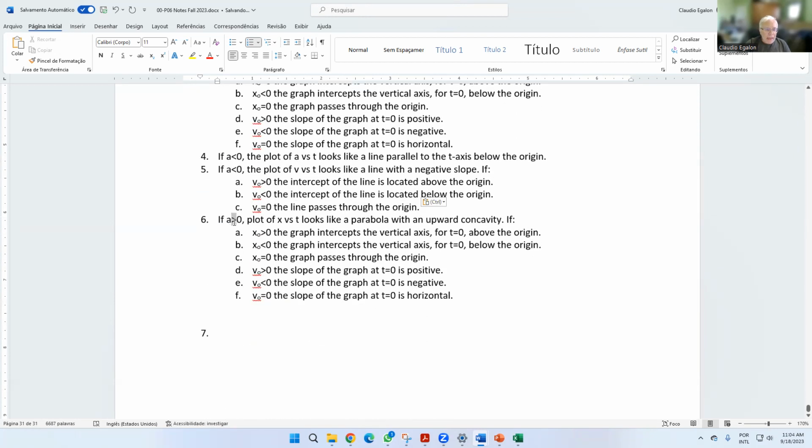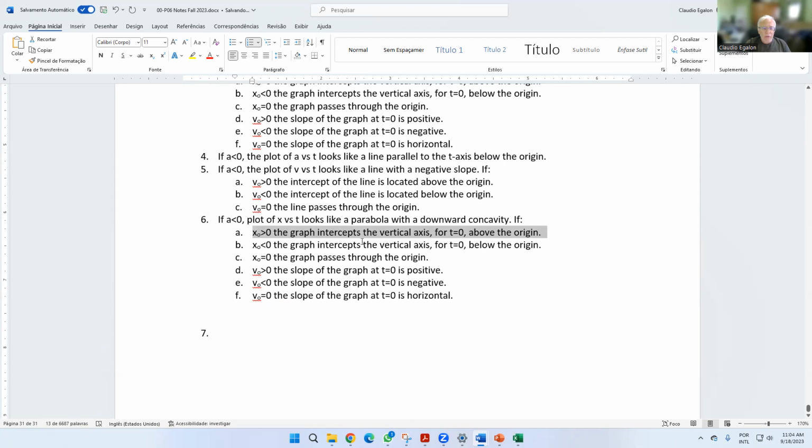If a is less than 0, the plot of x versus t looks like a parabola with a downward concavity.